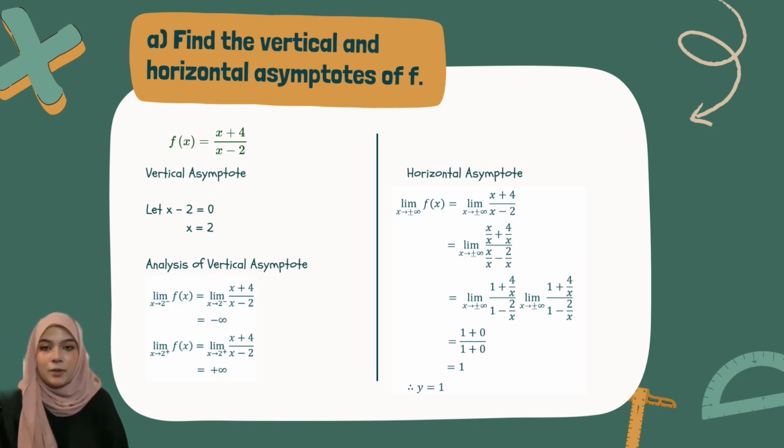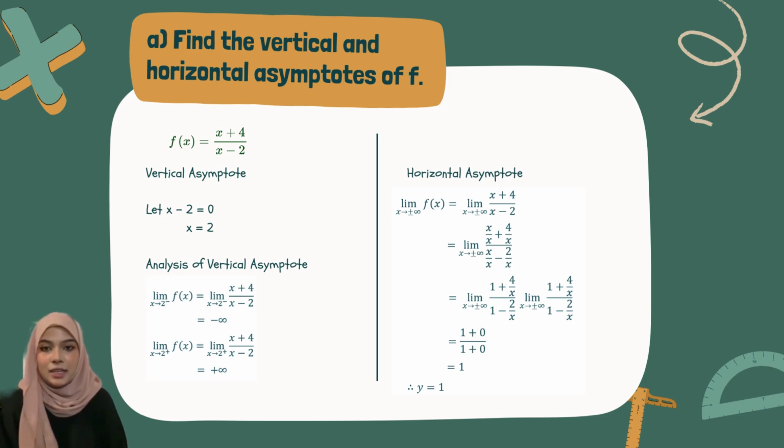For the analysis of the vertical asymptote, as the limit of x approaching 2 from the left side, x plus 4 over x minus 2 is equal to negative infinity. As the limit of x approaches 2 from the right side, x plus 4 over x minus 2 is equal to positive infinity.